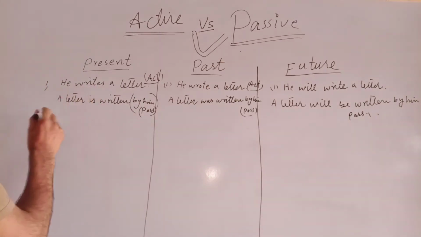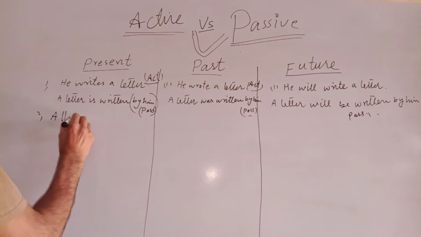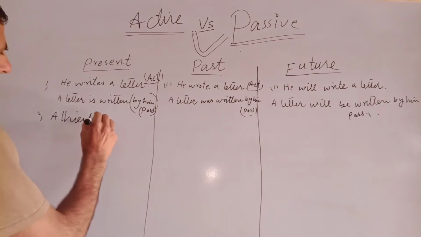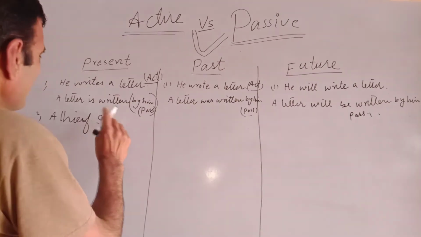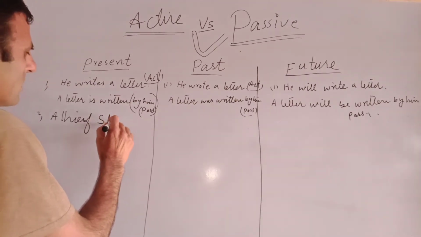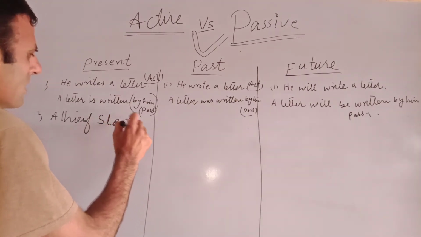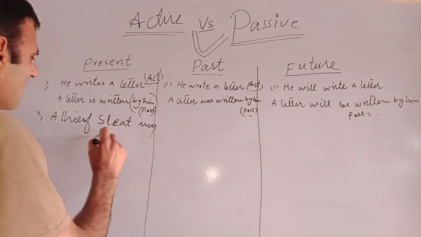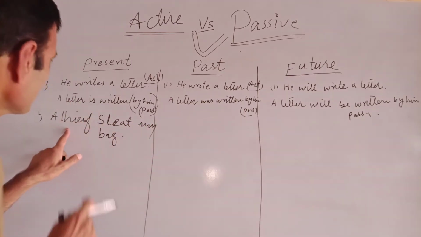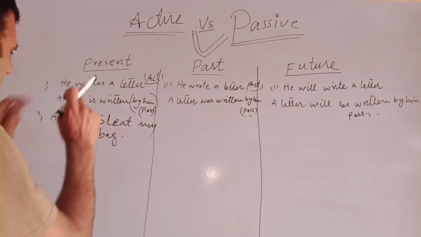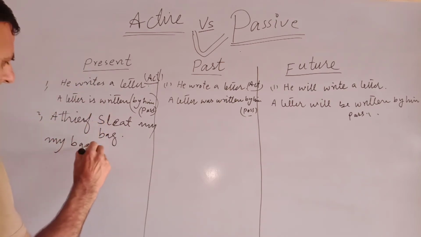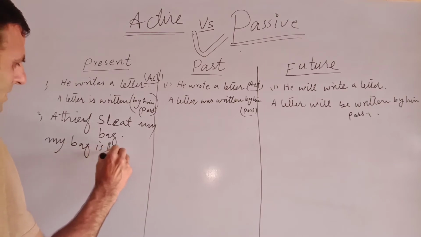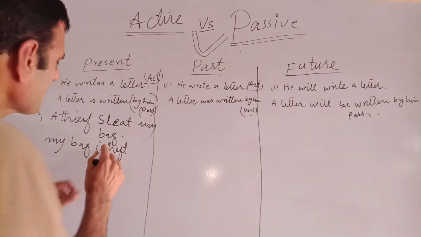For example, a thief stole my bag. Now we change this into the passive voice. My bag is stolen.